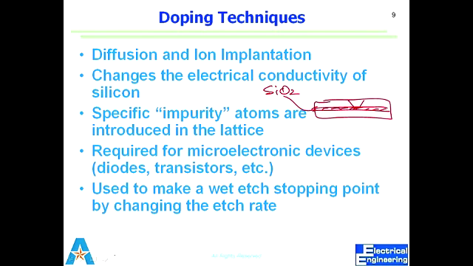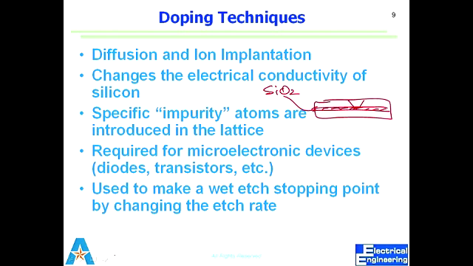And we do that for N-type and P-type to have specific devices made out of it, diodes, transistors, right? We can also do that to create an embedded layer of a material which is different than the substrate.